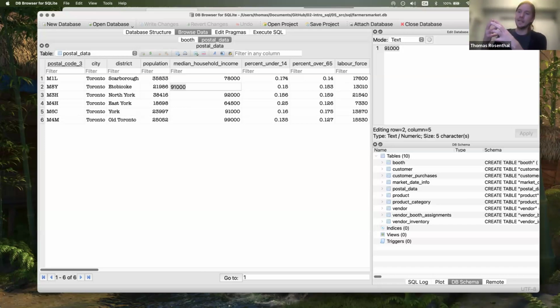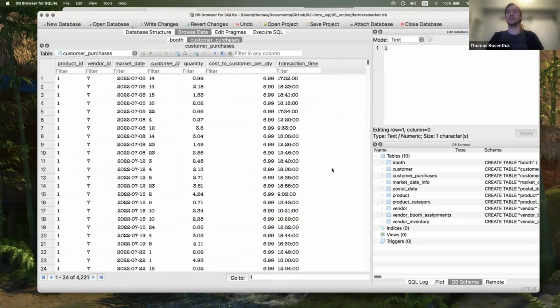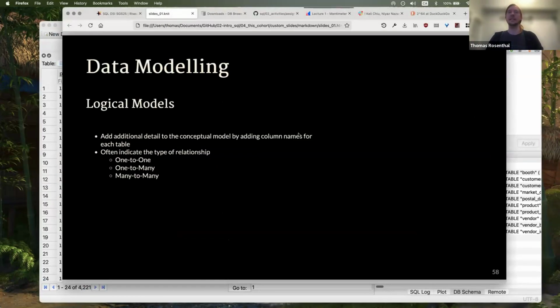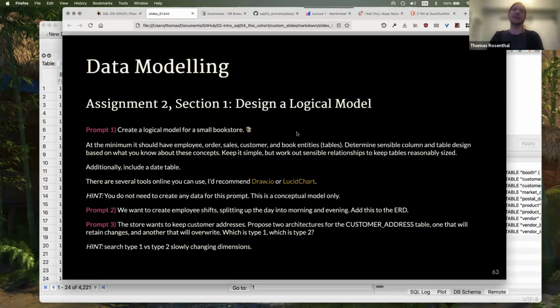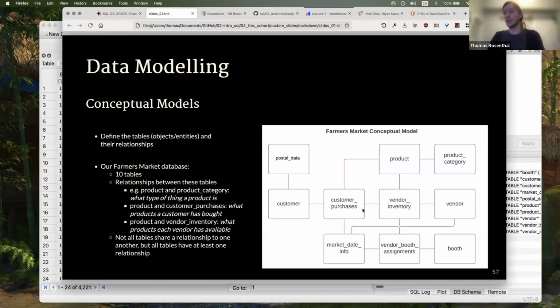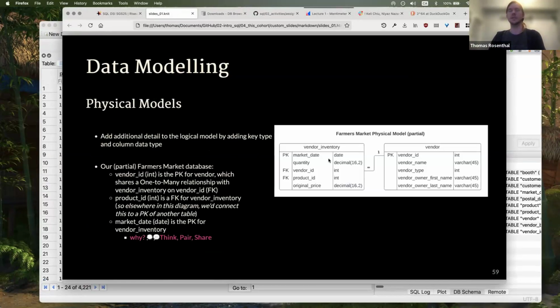Yes, primary keys can become composite keys, and actually our customer purchases, let me go back to the slides, is in fact a composite key. Why is that? It's because, I scrolled too far, apologies. When we talk about customer purchases, and the same thing actually, let's go with vendor inventory instead.